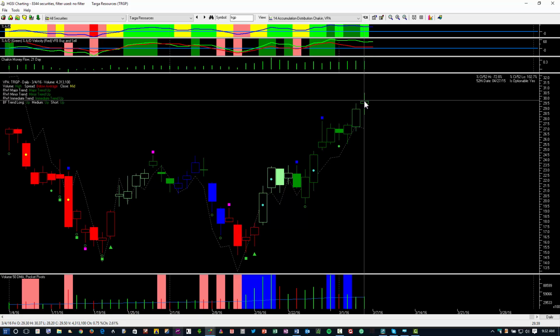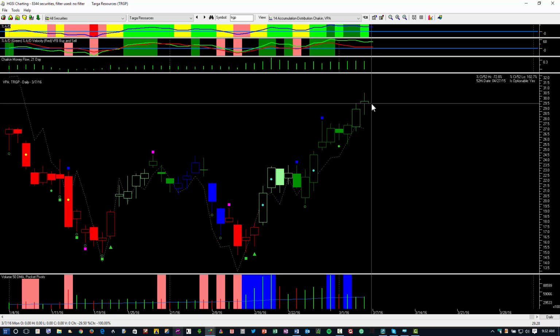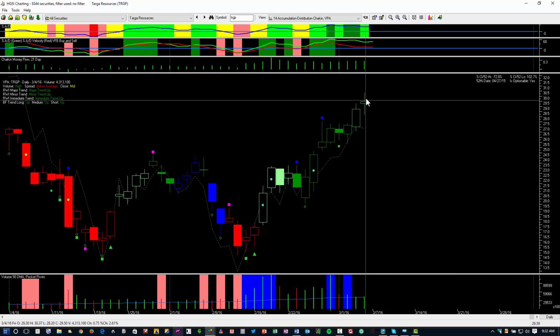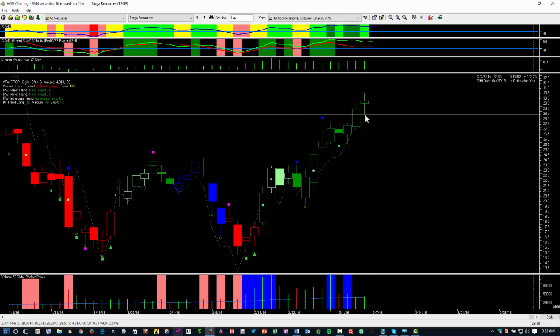Why do I say that? Because there's no signal here, but this is a spinning top. You can see that there was selling up at this point, and the wick is pretty large, and the tail is also pretty large. It's almost a doji.